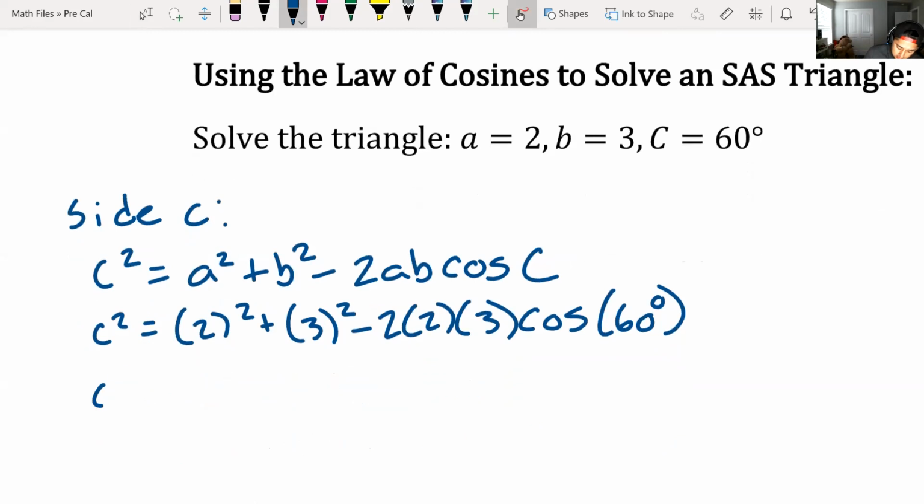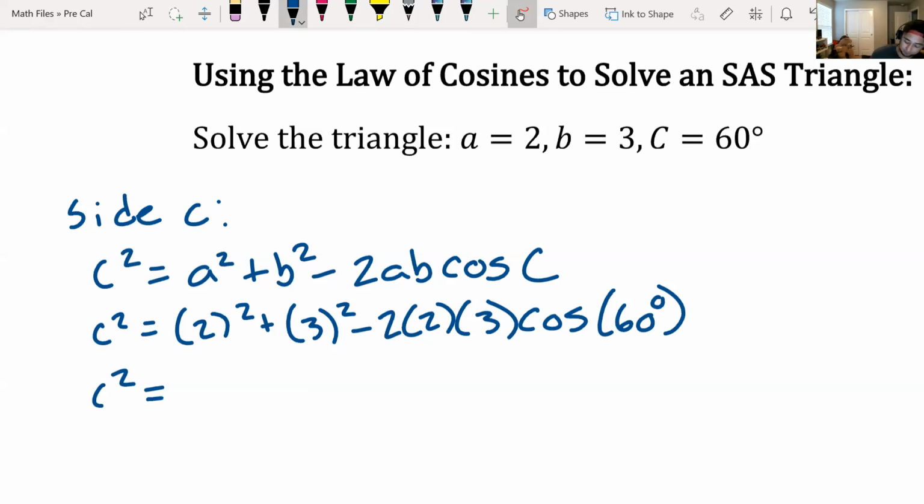All right. I'm going to type everything on the right side into my calculator, just as I wrote it: 2 squared plus 3 squared minus 2 times 2 times 3 times the cosine of 60.